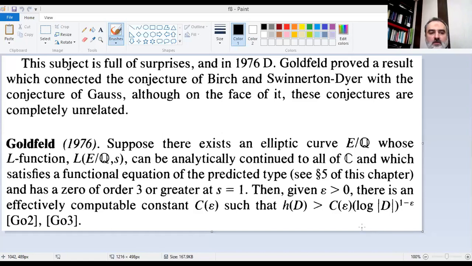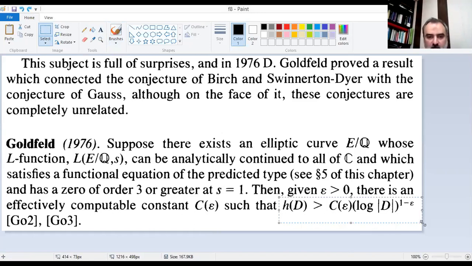Now, what Goldfeld proved in 1976 was that if there is an elliptic curve whose L function satisfies the functional equation that we now know due to the work of Wiles, and has a zero of order 3 at s equal to 1, then for any given positive epsilon there is an effectively computable constant c of epsilon such that h of d is greater than c of epsilon times log absolute d to the 1 minus epsilon.